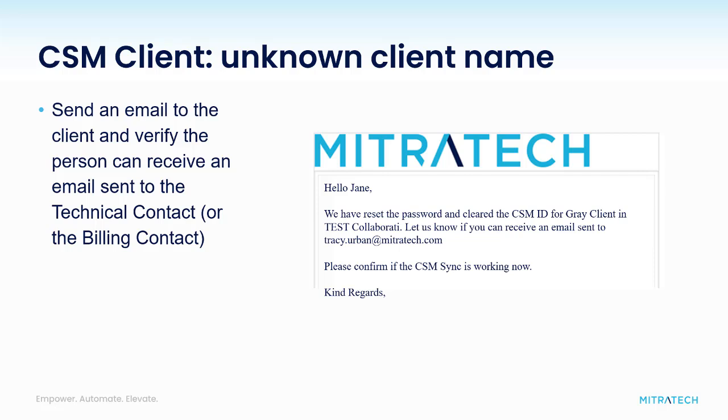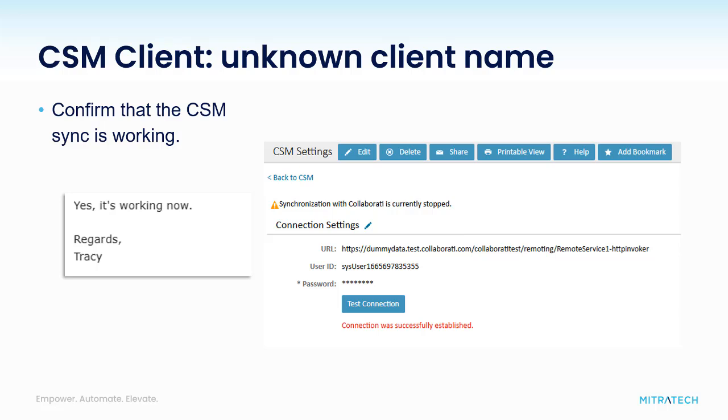Hello, Jane. We reset the password and cleared the CSM ID for Gray Client in Test Collaborati. Let us know if you can receive an email sent to tracy.urban@mitratech.com. Please confirm if the CSM sync is working now. Yes, it's working now.